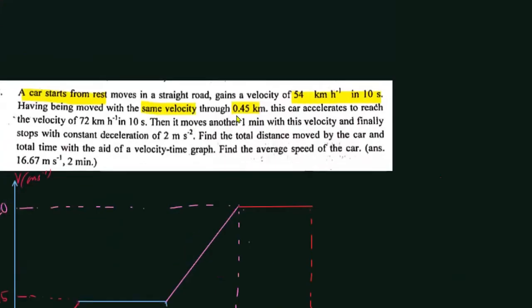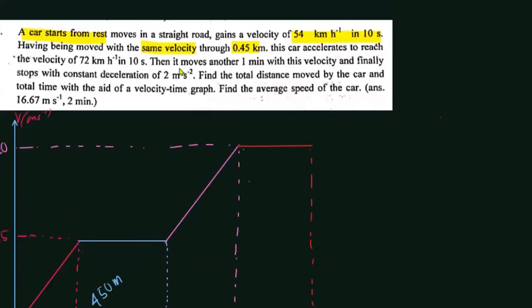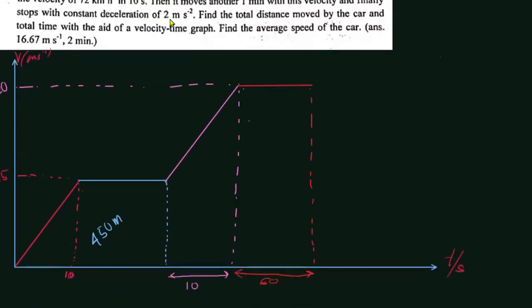Okay. So find that, and then they're saying finally stops with constant deceleration 2 meters per square second. So what we could do is, they are going to come to rest, right?